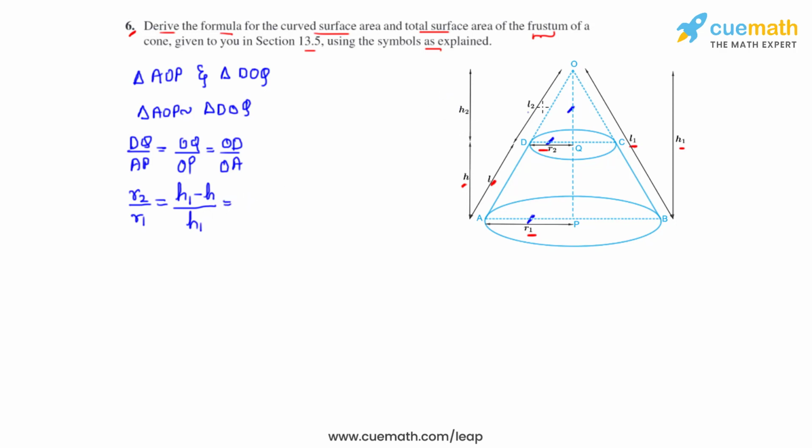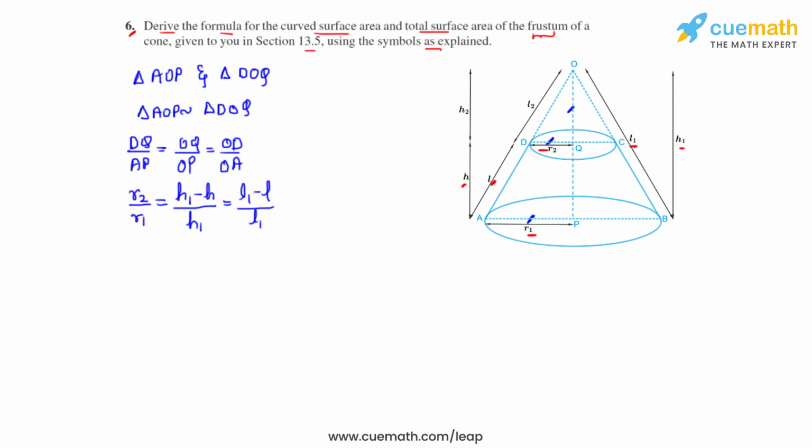OD is the slant height of the upper cone which got created when we created the frustum. That can again be found by subtracting the slant height of the frustum part from the slant height of the bigger cone OAB. So that will be L1 minus L, divided by OA, which is L1.